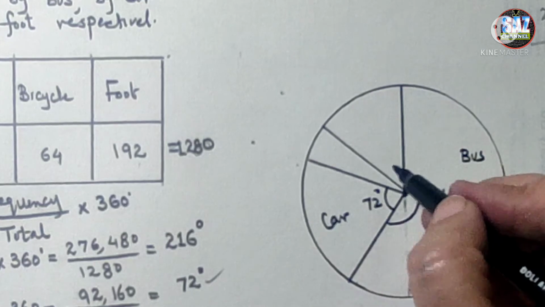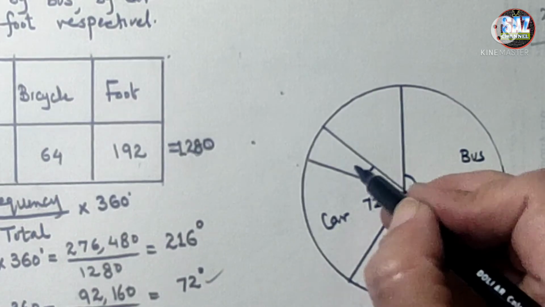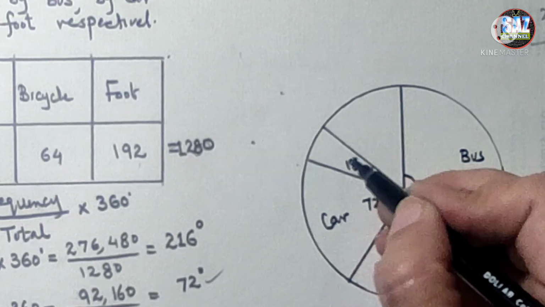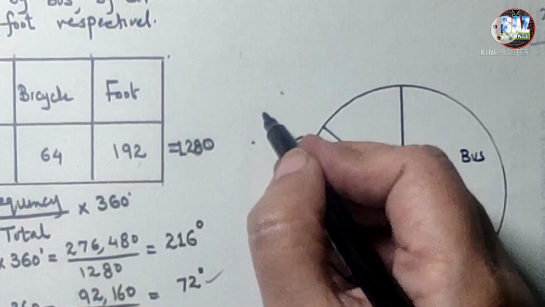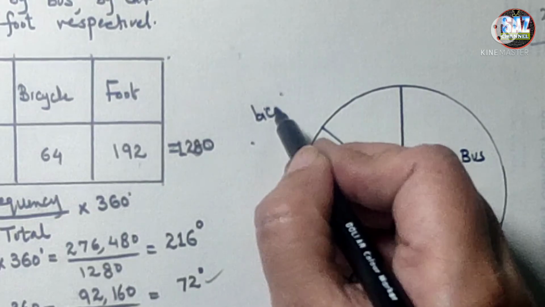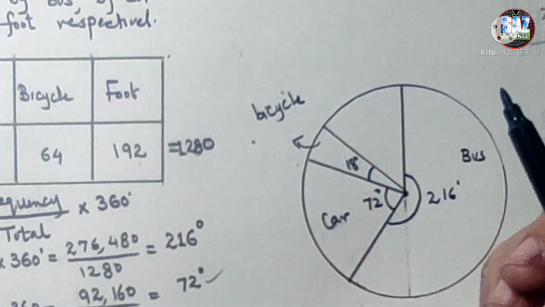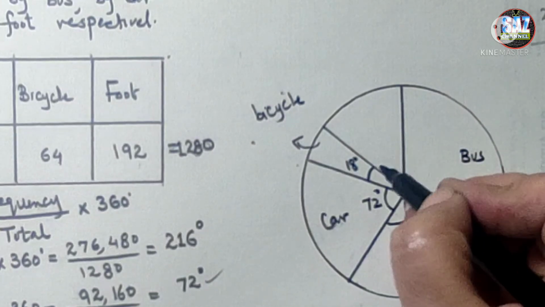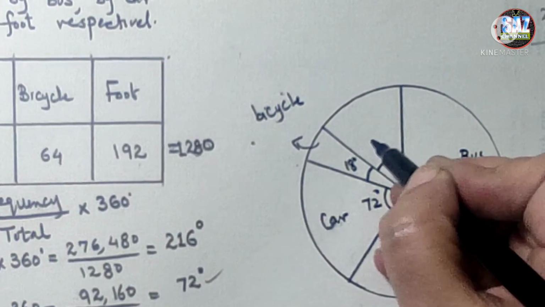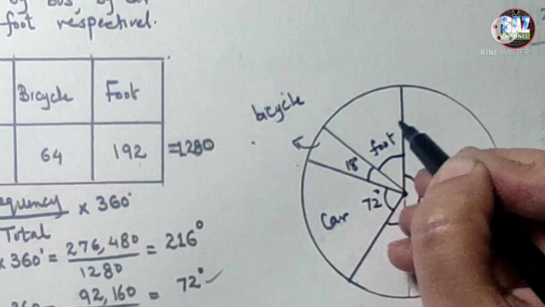And this is bicycle, 18 degrees. Let me mark the sector outside: bicycle. And for foot, this is 54 degrees.